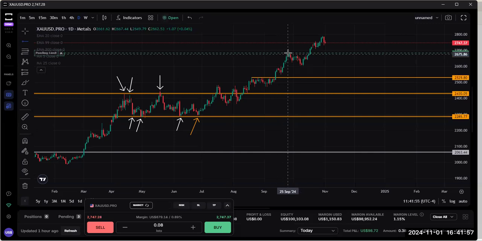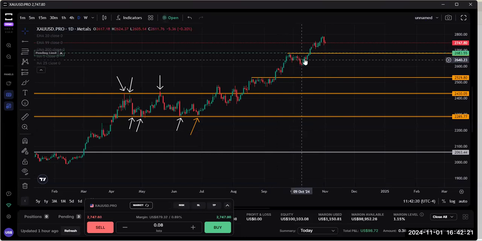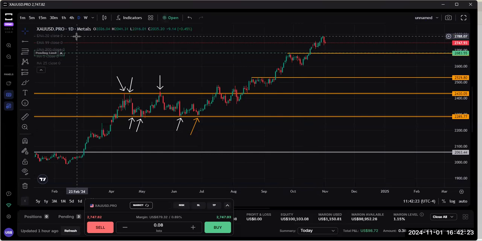So this area is another area of, I would call that a resistance, because when price got there, it came back down and kind of hovered around it until it broke through it. Now let's come down to the 4-hour time frame.